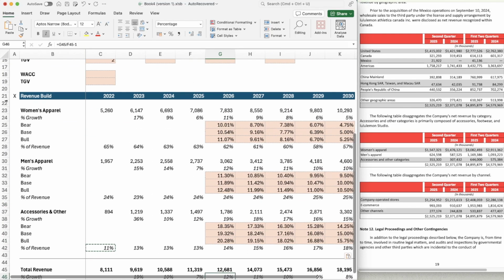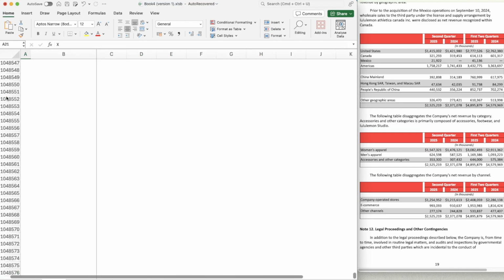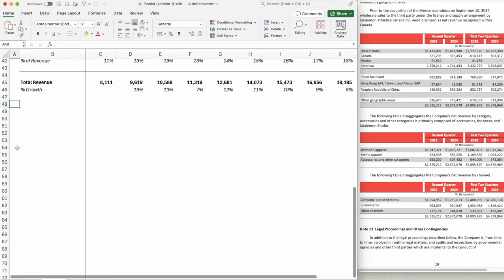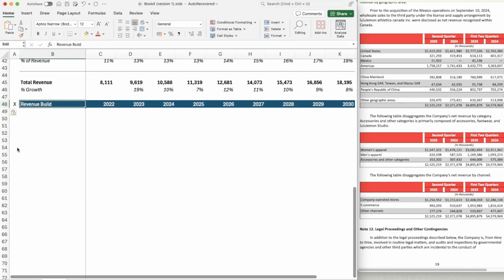Well, let's go into the income statement now. The income statement is probably the most important, well, all of it is important really. So revenue, we can just type revenue.